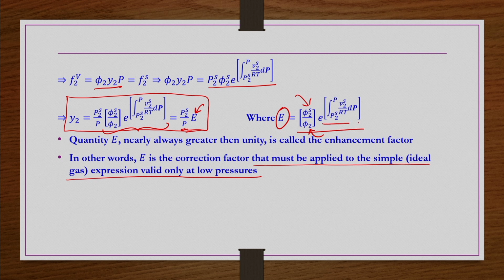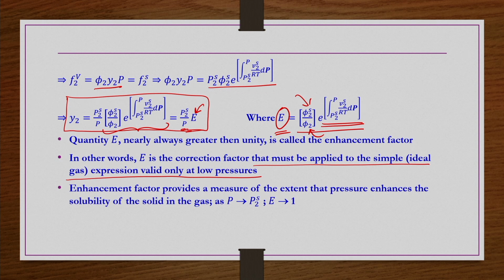And then this is what? This is nothing but the Poynting correction, so it is having 3 corrections. All those corrections, the Poynting correction, phi2S, phi2, all disclose some amount of non-ideality that has been brought into the system because the pressure is away from the low pressure conditions. All those non-idealities are clubbed together and called an enhancement factor for these kinds of problems.